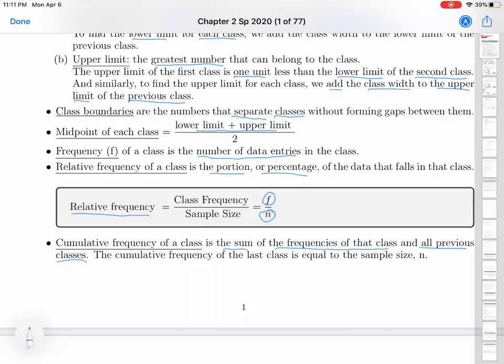The cumulative frequency of the last class should equal the sample size n, because the cumulative frequency of the last class is the frequency of itself plus all the frequencies of the previous classes. That means the sum of all the frequencies should equal the sample size.